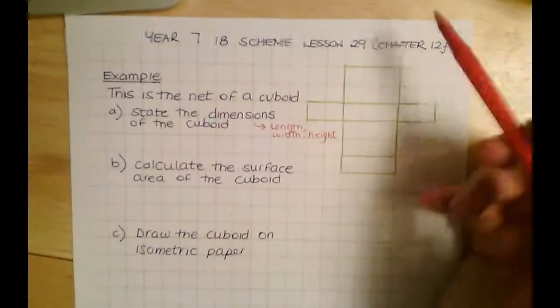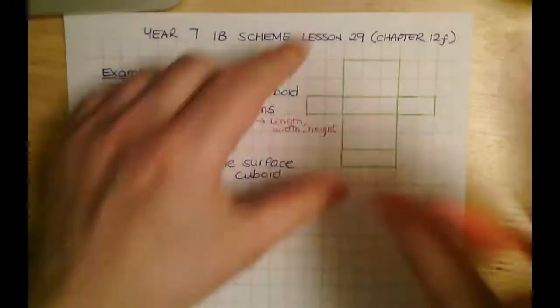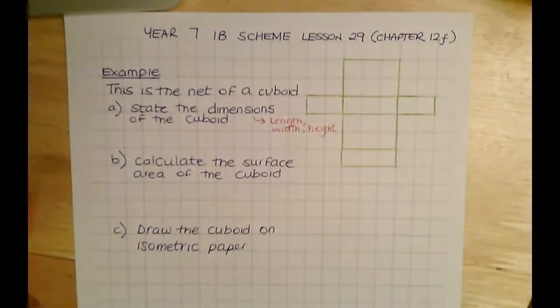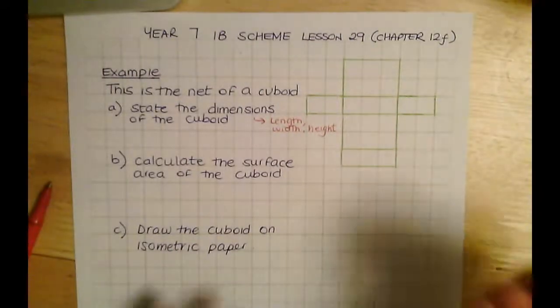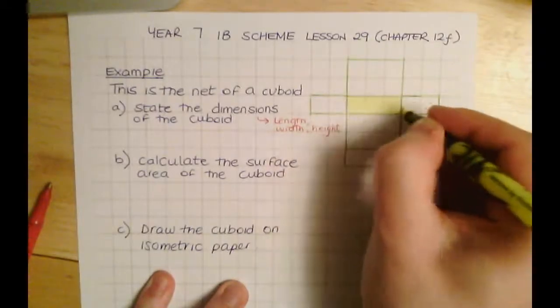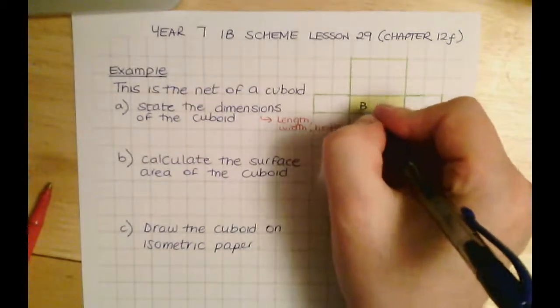Now, let's just look at this a little bit more closely. Now if I fold this shape back up, and I know it's a little bit difficult to see, but I'm going to do my best. This part here, and I hope you can see this on the video that I'm shading, that bit there is going to be the bottom.